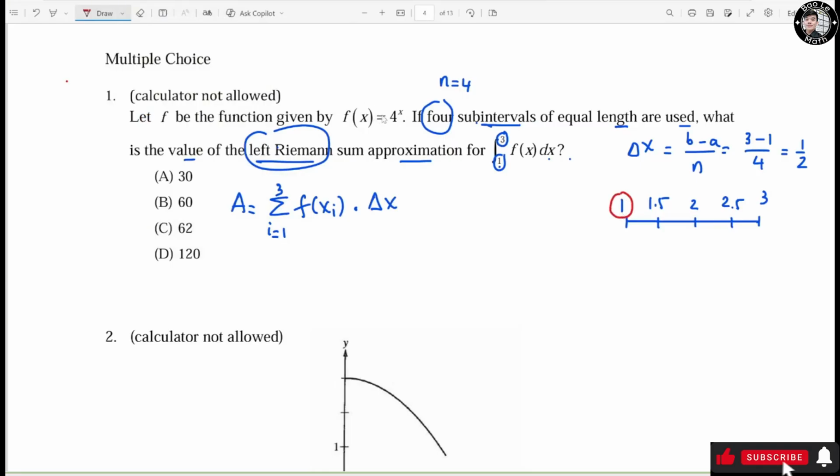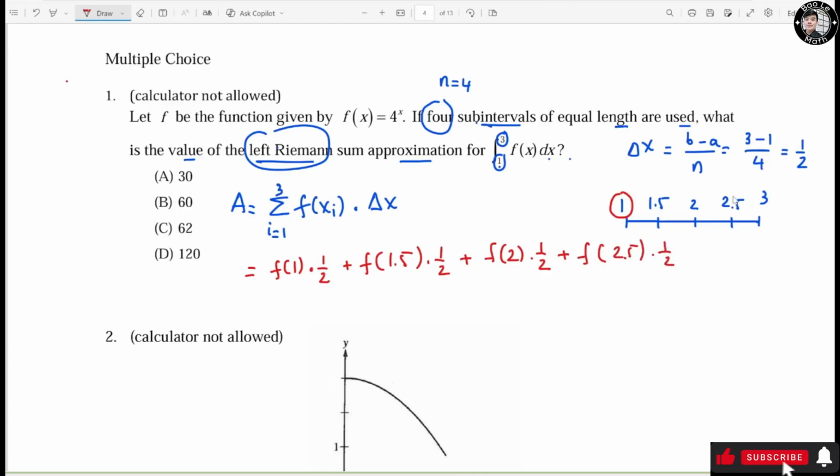We have f of 1 times 1/2, plus f of 1.5 times 1/2, plus f of 2 times 1/2, and f of 2.5 times 1/2.